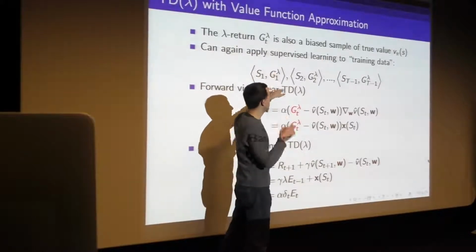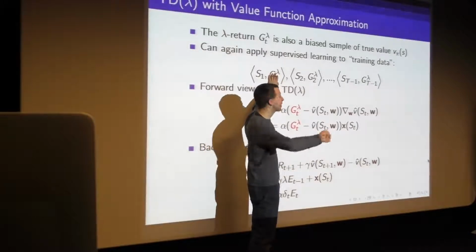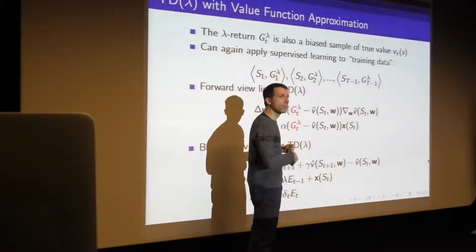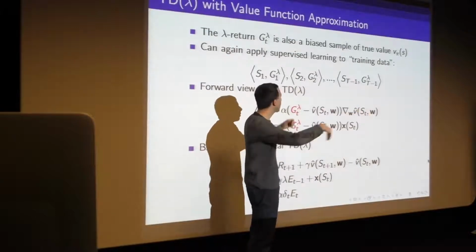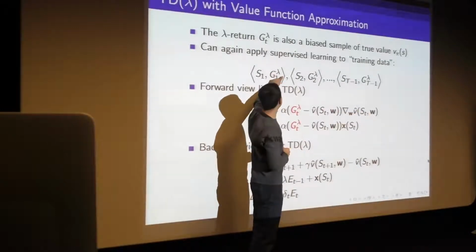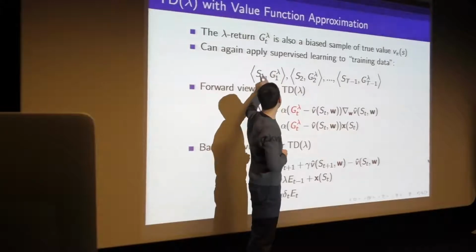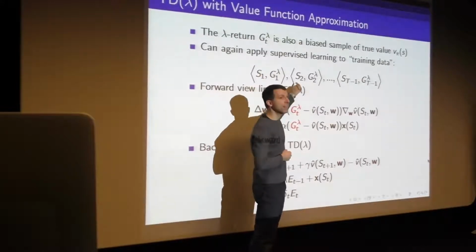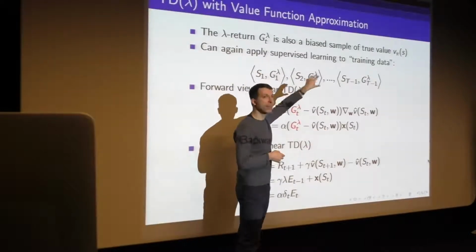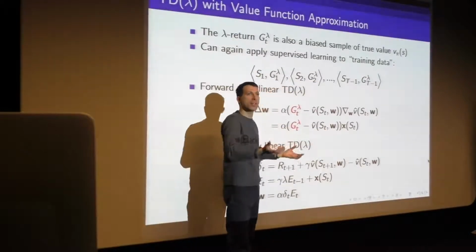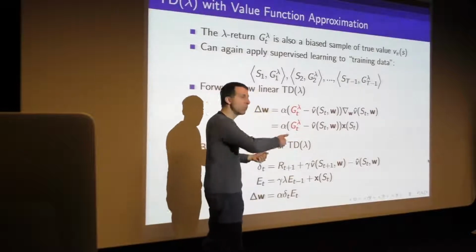We take a lambda weighted combination of what I think is going to happen after 1 step, after 2 steps, all the way up to infinite steps, call that our lambda return, and then fit our value function at each of these states towards those targets. We do this incrementally, step by step, but conceptually there is this data set that we're moving through.